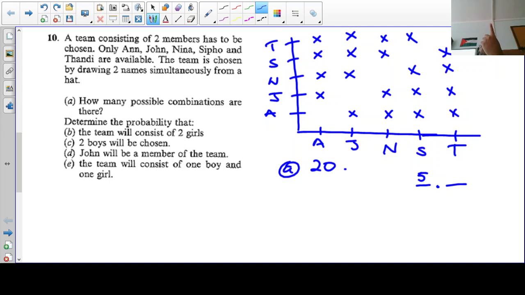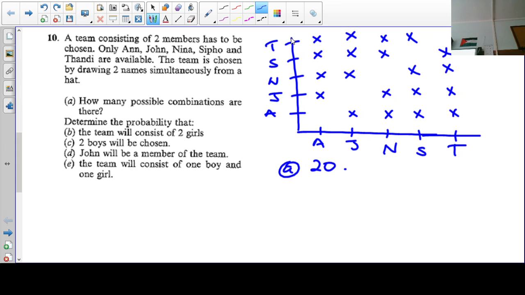Then how many options do I have left? 4. What if I have chosen Nina? Still 4. So whichever way you look at it, you will have 4 options left. And 4 times 5 is 20. You could have looked at it like that as well. You guys understand? What's wrong?